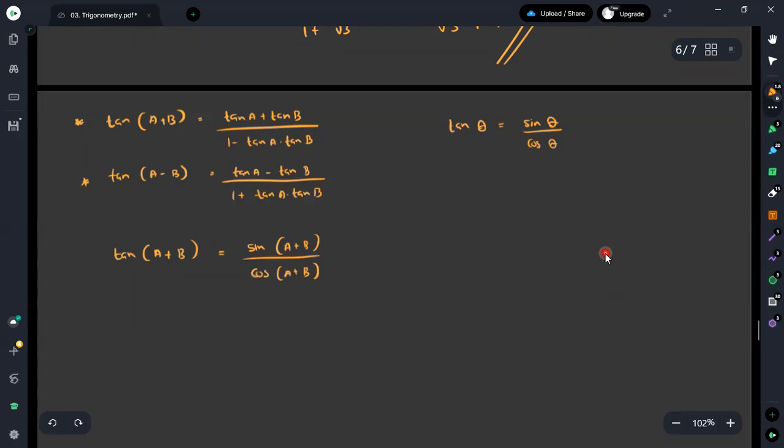Since we need to show this quantity on the right hand side of the equation, we'll continue here.